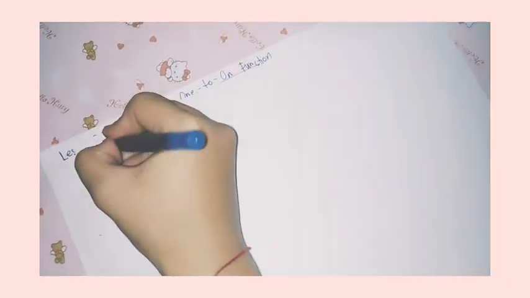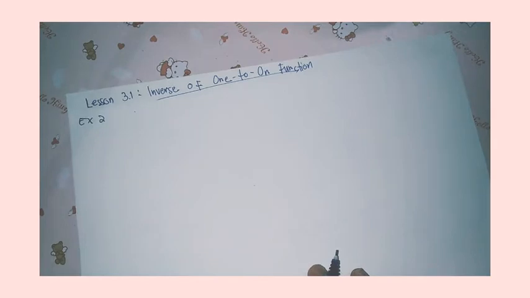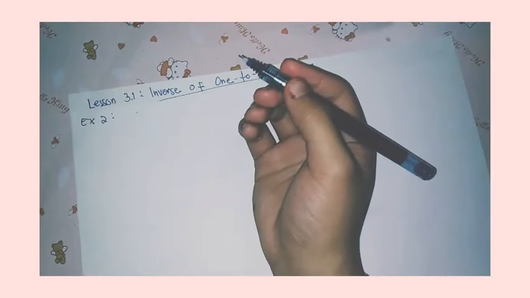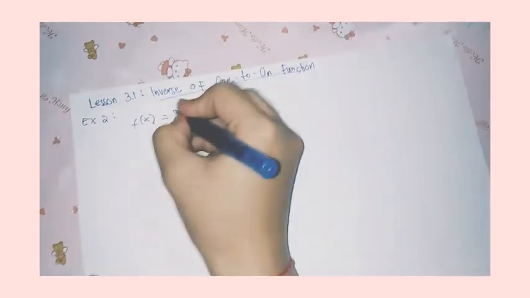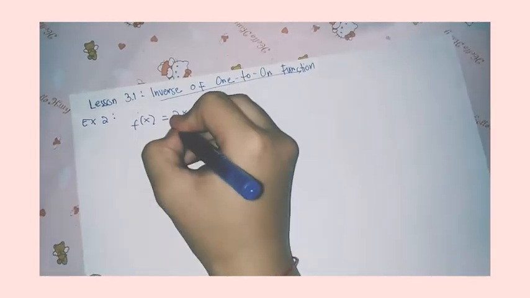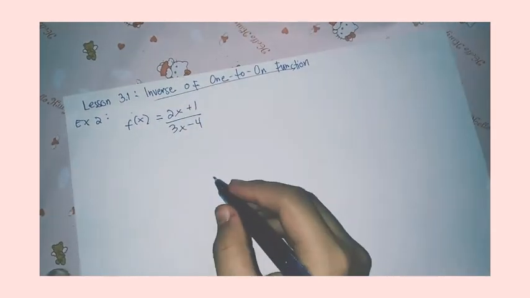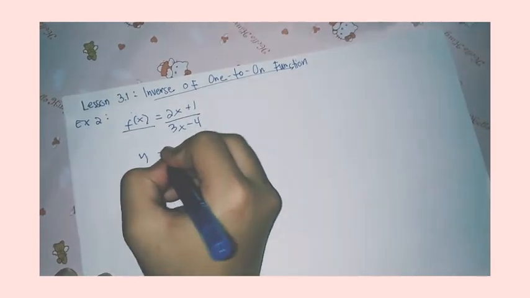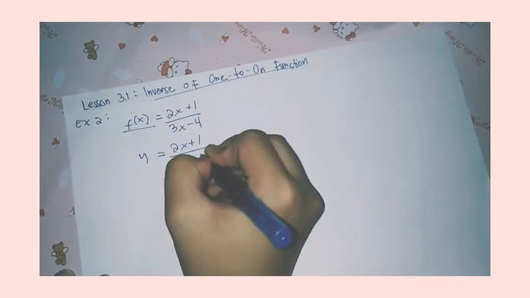Example number 2. Find the inverse of the rational function f(x) is equal to 2x plus 1 over 3x minus 4. First step, change it to y is equal to 2x plus 1 over 3x minus 4.